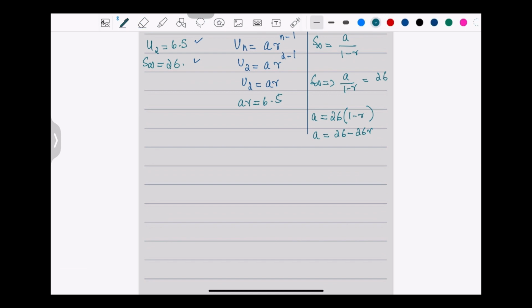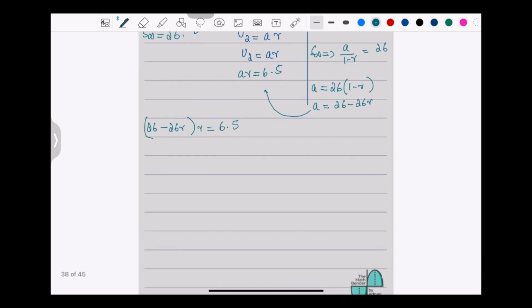Okay, so you can plug in the value of a in this. Instead of a, if I replace 26 minus 26r times r equals 6.5, I can see that 26r minus 26r squared equals 6.5. So 26r squared minus 26r plus 6.5 equals 0.